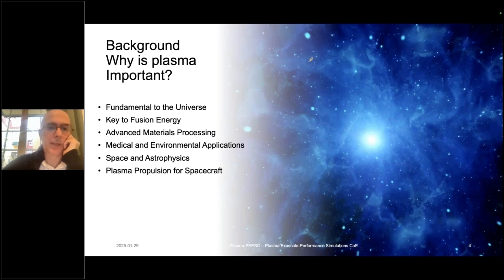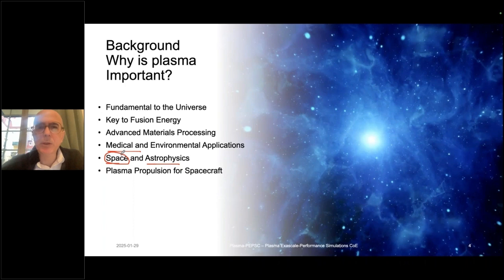We use plasma, and it's extremely important also for medical application, for instance, for cancer treatment. There's possibility of using beams to kill cancerous cells. It is extremely important if you're working on space, astrophysics, and particularly protecting the assets, human assets in space.